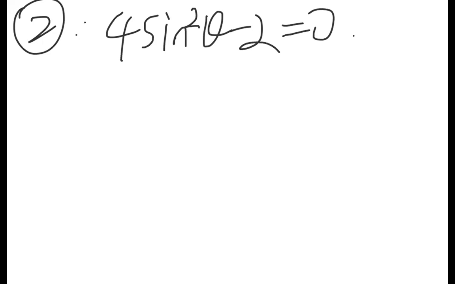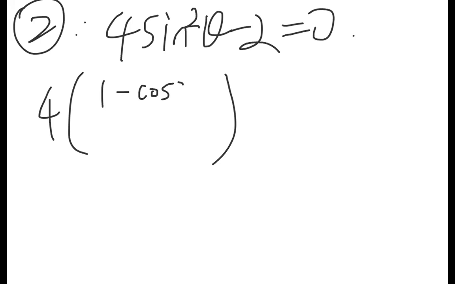We don't know the graph of it, so we want to reduce the power of sine, right? By the reducing power identity, sine square theta is equal to 1 minus cosine of 2 theta over 2.